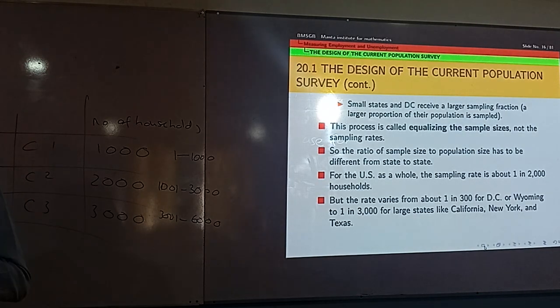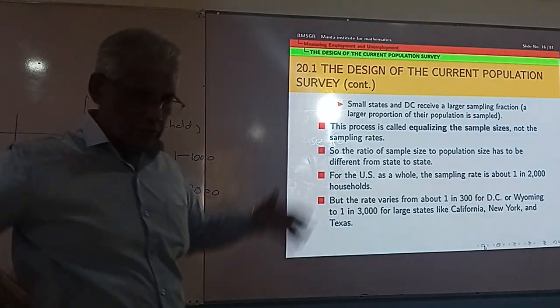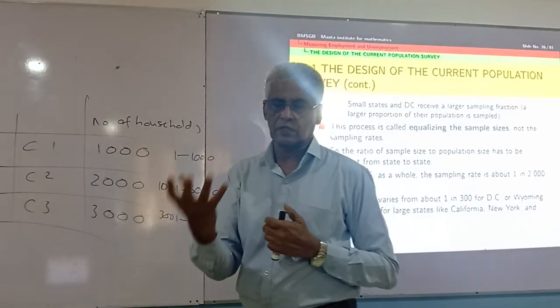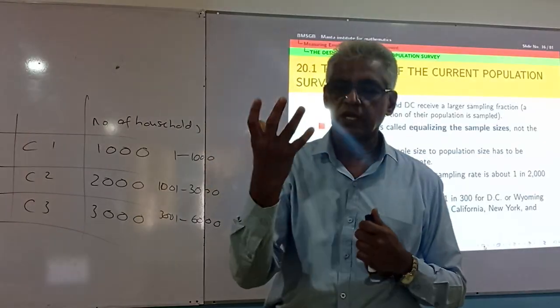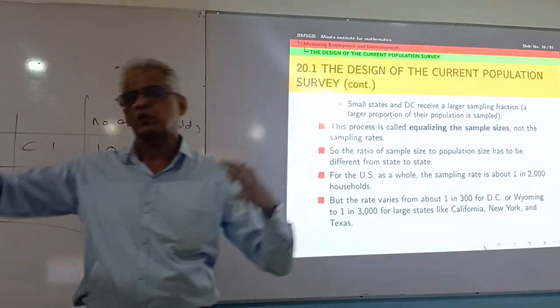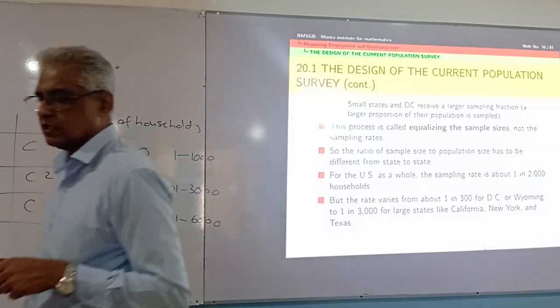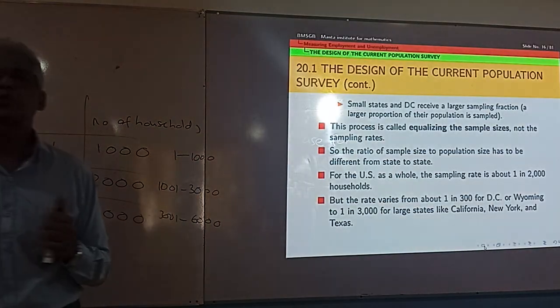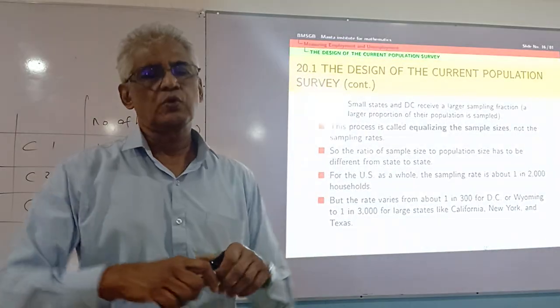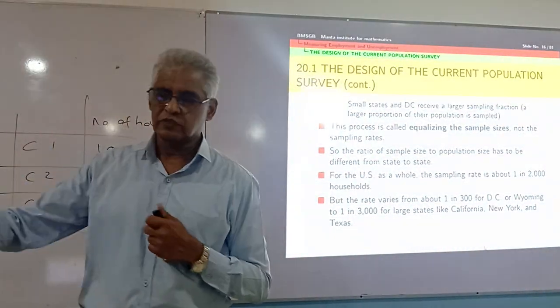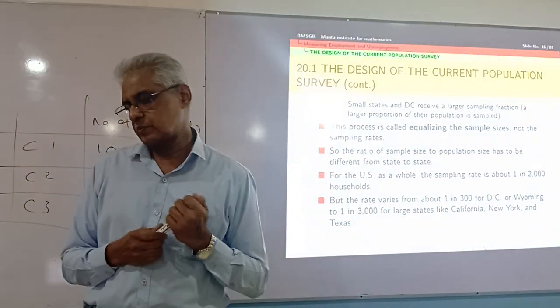So that's what is being talked about here. For example, if you look at overall, if you consider the total number of households that are going to be selected divided by the total number of households in the country, the answer will be around 1 in 20,000. Right? So that is the overall sampling rate if they do this calculation and decide on the numbers.